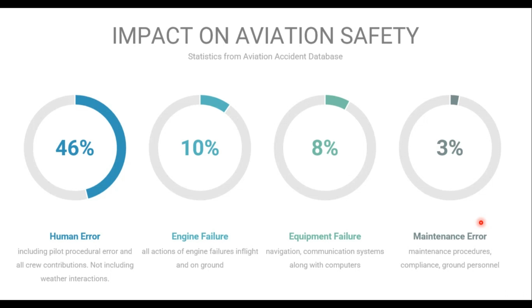We have 10% engine failure rate, 8% equipment failure rate, and only 3% maintenance error. Again, I didn't reveal these numbers. It is the ICAO. I just took these numbers from the ICAO and put them in a nice display. But actually, this is coming from the ICAO accident reports. We say every failure has a reason.